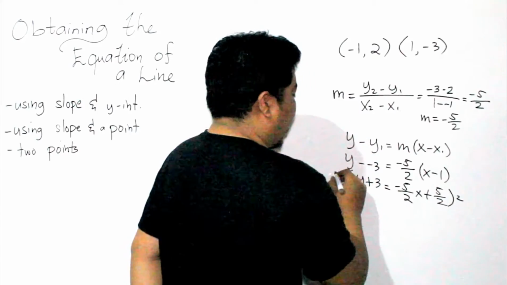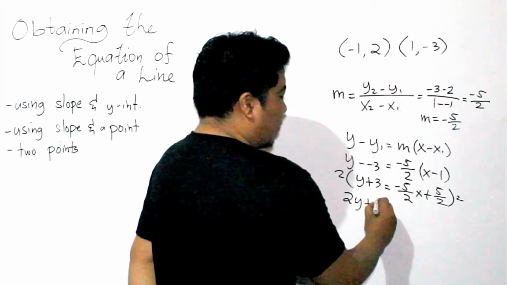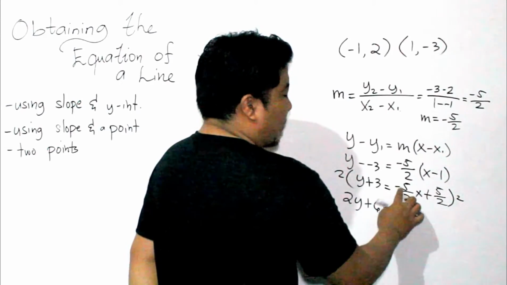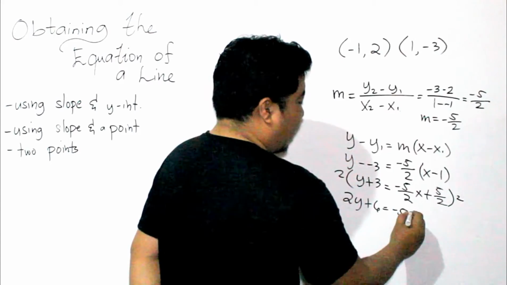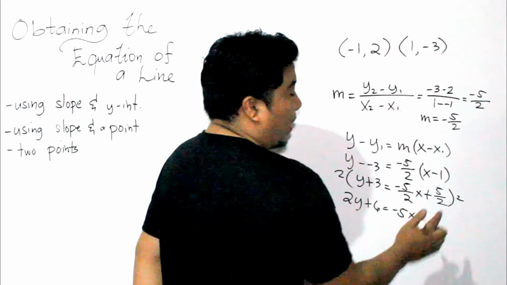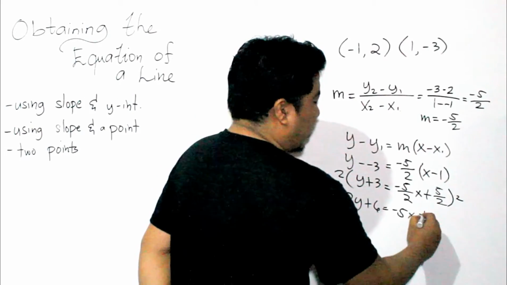Okay, so I will multiply 2 here. So 2 times y, that is 2y. 2 times 3, that is positive 6. 2 times negative 5, that is negative 10. Divided by 2, that is negative 5x. 2 times 5, that is positive 10. Divided by 2, that is positive 5.